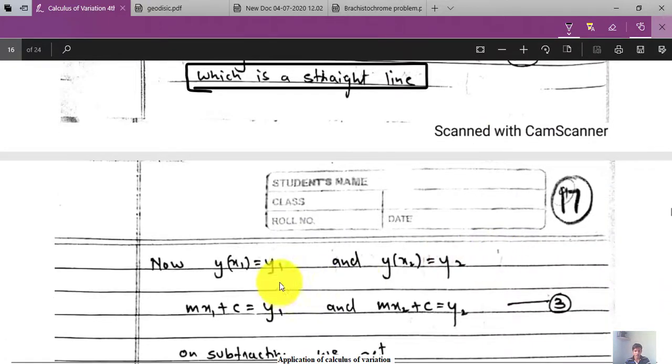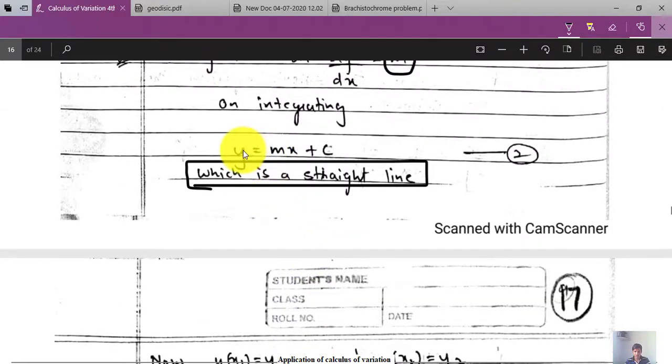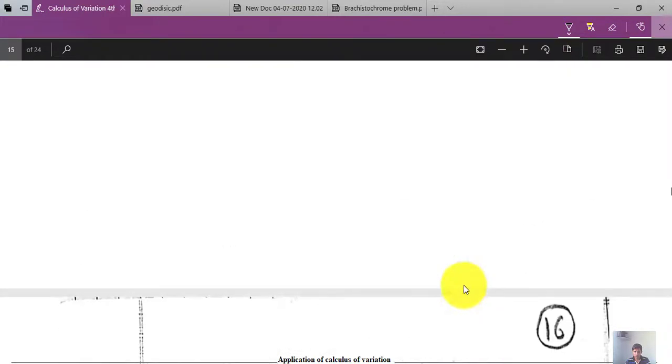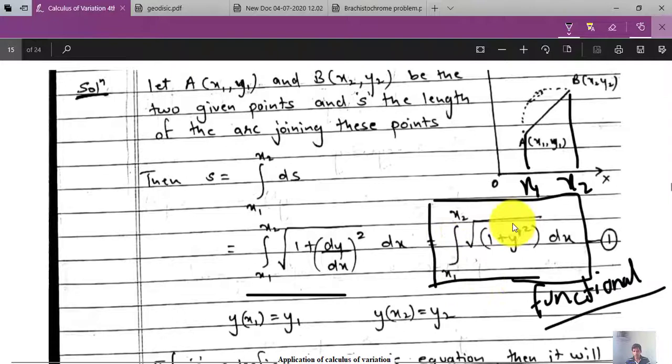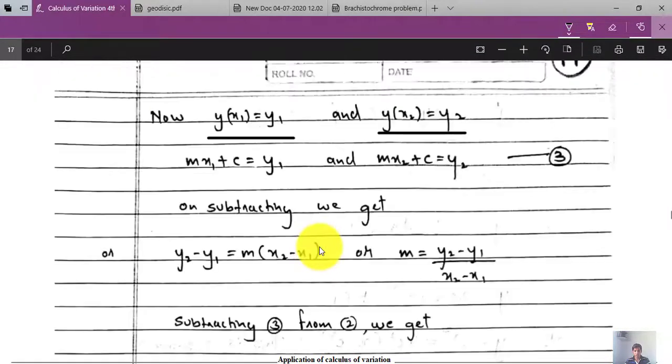Now given the conditions y(x1) is equal to y1 and y(x2) is equal to y2, making use of this, y is expressed as a function of x, to which the given functional is minimum. So m x1 plus c is equal to y1 and m x2 plus c is equal to y2.